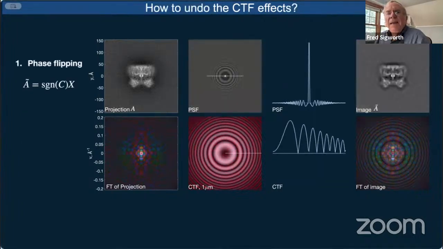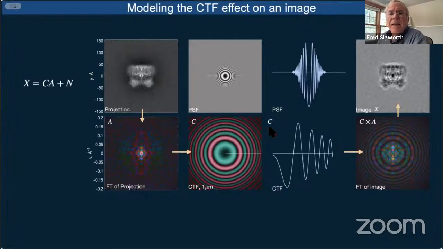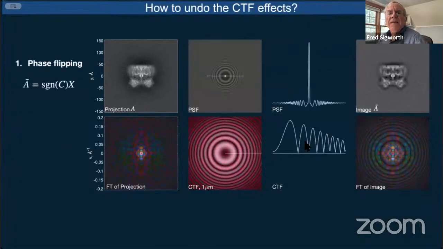Okay, so how are we going to do this? One way is to get rid of the horrible fact that the contrast alternates at various spatial frequencies. An old trick is to convert it so that the CTF in effect always operates in one direction. It's called phase flipping.